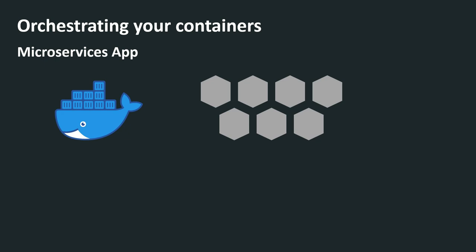This could be messaging systems, authentication services, etc. So you end up with a bunch of containers that you need to deploy on some environment. In this case, we are talking about AWS virtual servers.